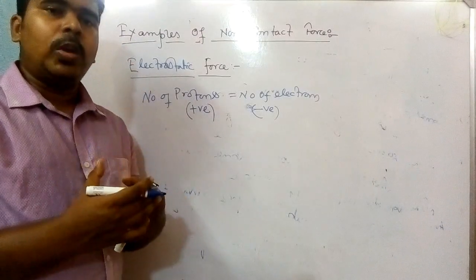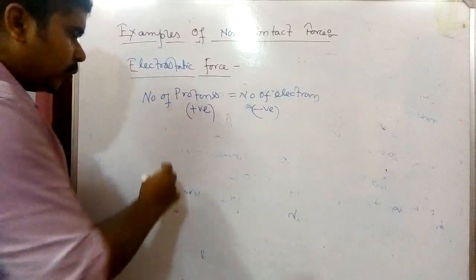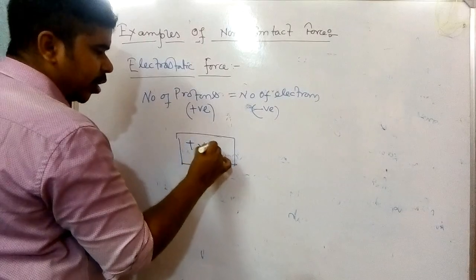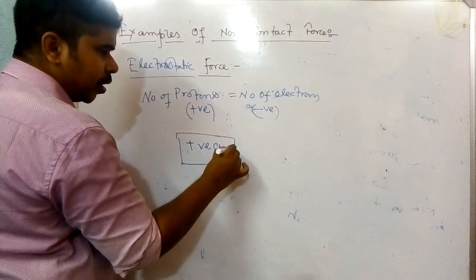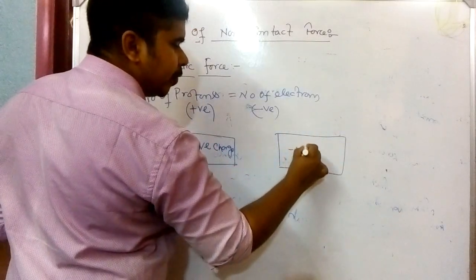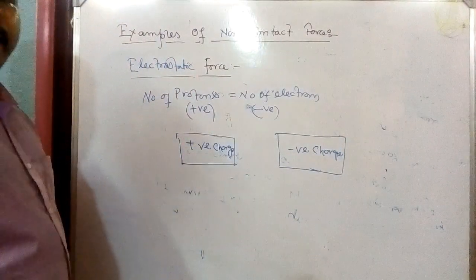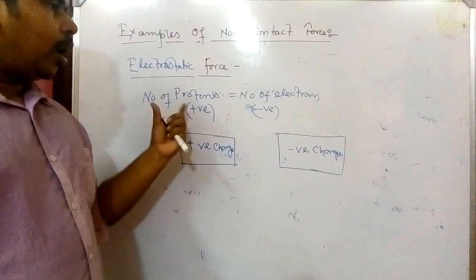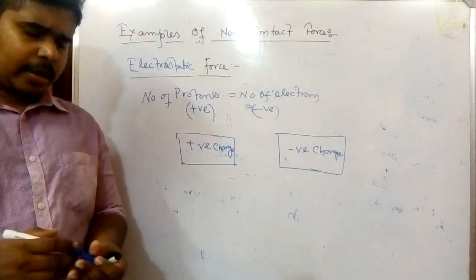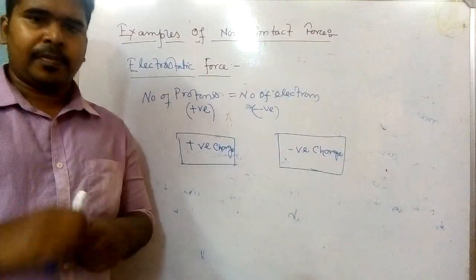But if a body somehow gets some charge, assume I have taken a body which is positively charged, and another body which is negatively charged, then a force will be applied between them. How does a neutral body become positively or negatively charged? It occurs by rubbing.